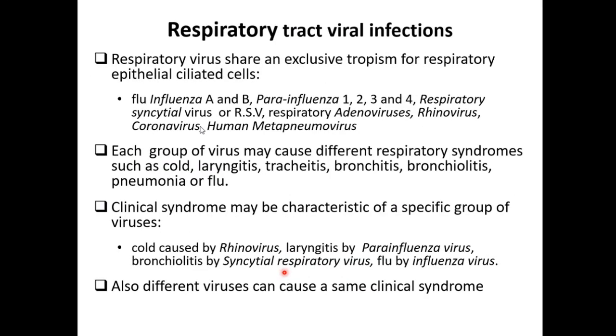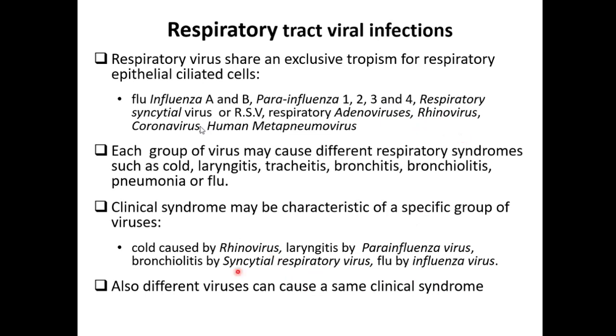As respiratory tract infections, we have some viruses that have an exclusive tropism for respiratory epithelial ciliated cells. They don't go far away, they only infect those cells. That is the case of influenza A, B, parainfluenza, respiratory syncytial viruses, rhinoviruses, the cause of common cold.